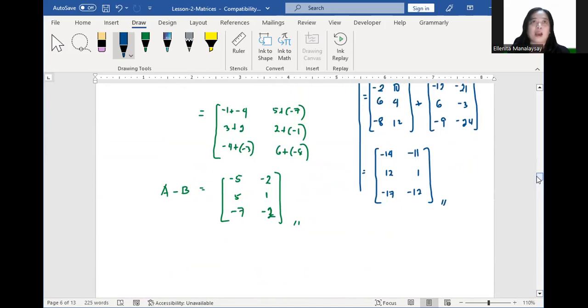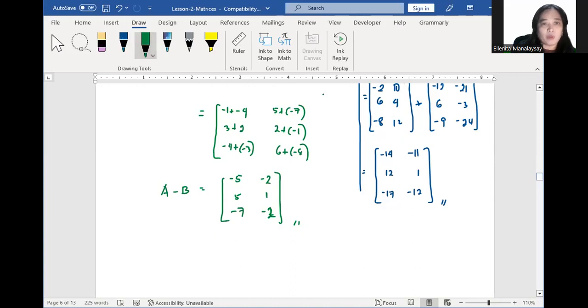So again, to wrap up the discussion, a matrix is an array of m by n numbers. It could be real numbers or complex numbers, but in our case, we will focus much on real numbers. So it's an array of mn numbers arranged in m rows and n columns. It's just an arrangement, and we were able to identify the entries of the ith row and jth column of a given matrix.